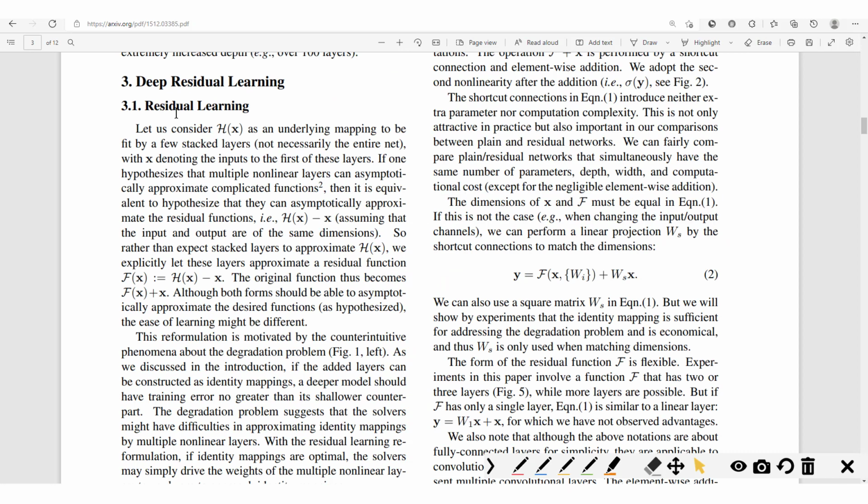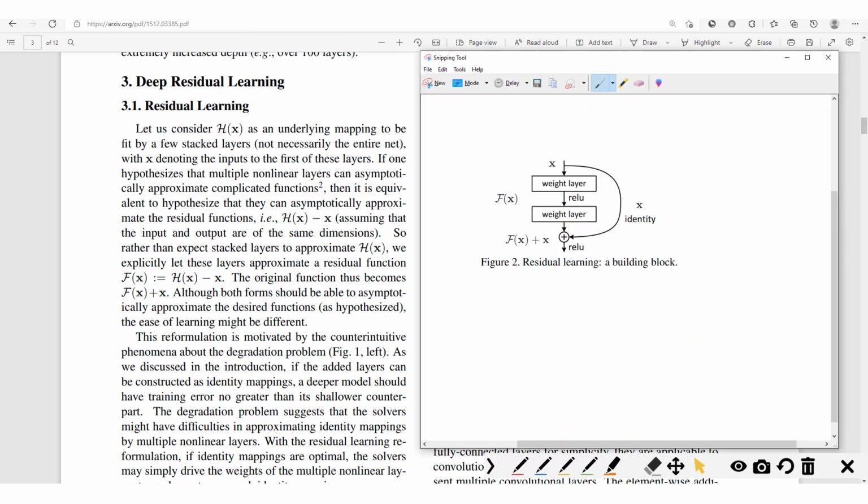And this is why the ResNet model introduces residual learning, which is based off the residual block, which we've seen already. Here's the residual block. Note that these weight layers here are simply convolutional layers.